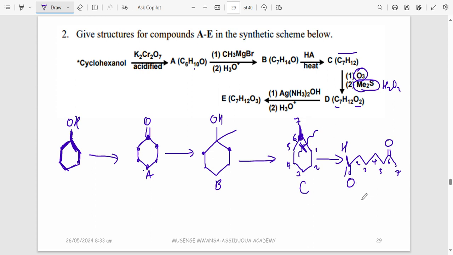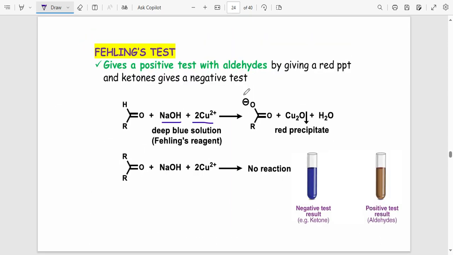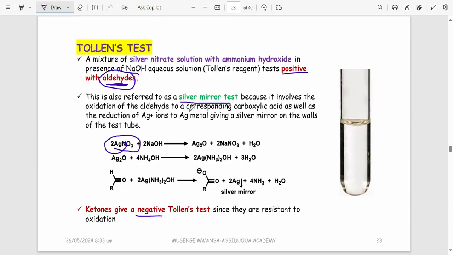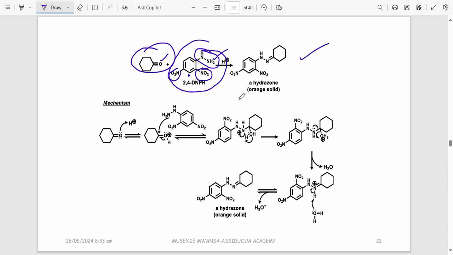After this, we are reacting this compound with silver ammonium hydroxide. Look at these tests. This one is known as the Tollens reagent. It's positive with aldehydes.